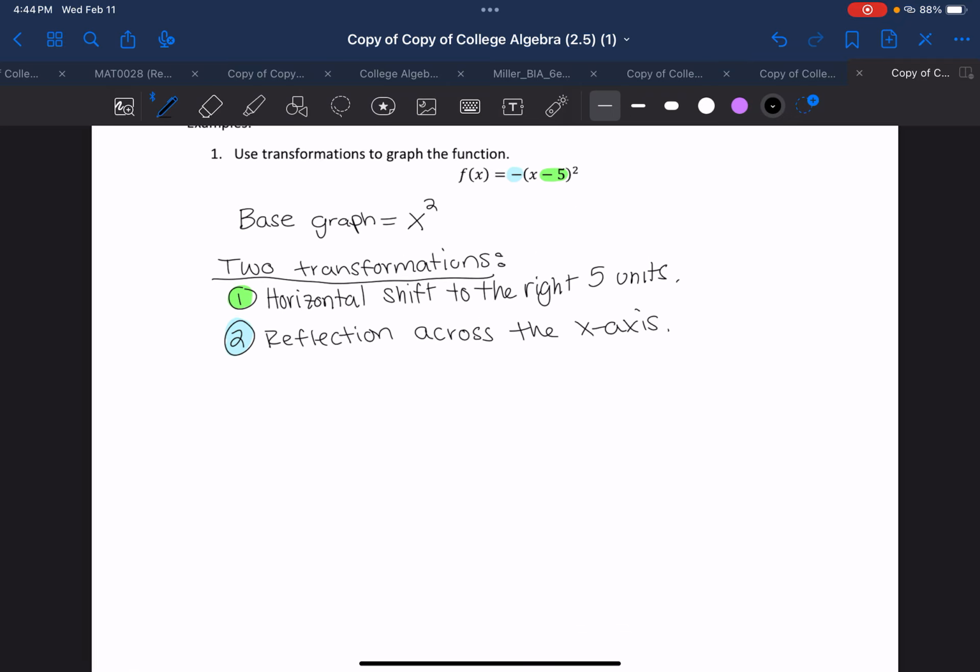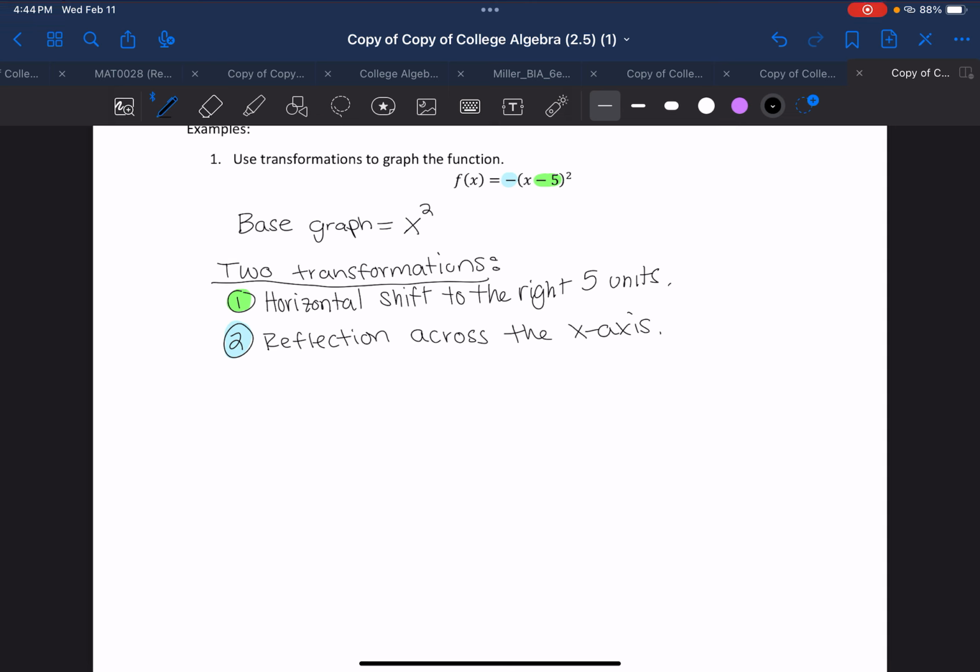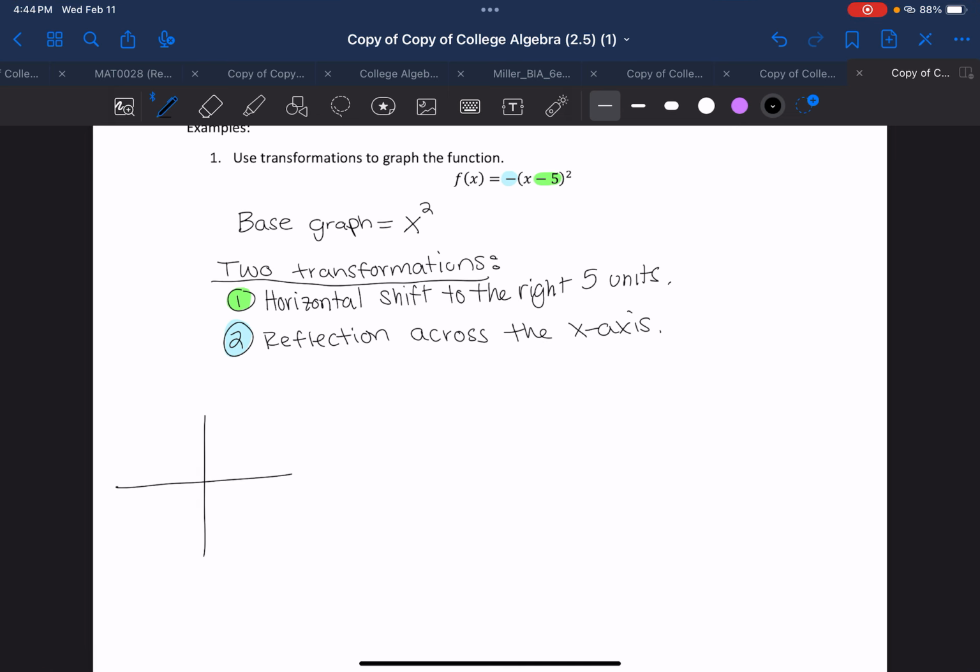I'm going to sketch, and I should have put a graph here, but I didn't, so I'll just sketch it. First thing I'm going to do is sketch the base graph, which is the parabola. X squared is the parabola, where the vertex is at (0, 0). And then I'm also going to find just a couple other points on this base graph so I know how to shift my points.